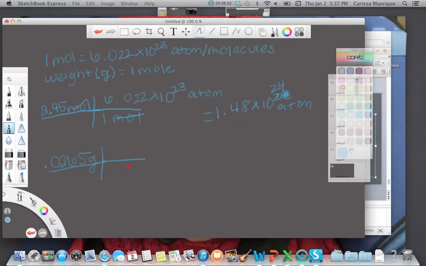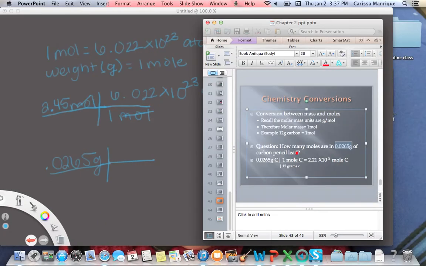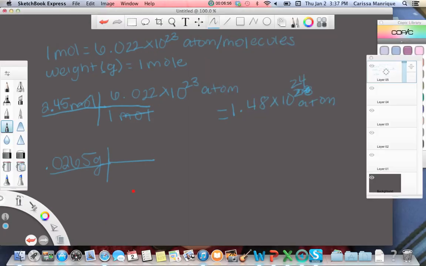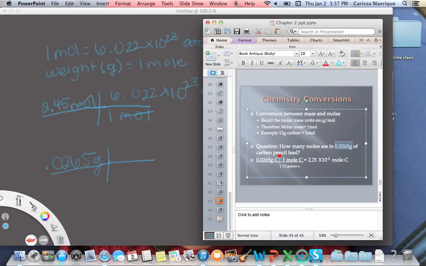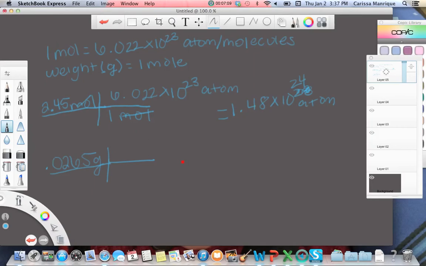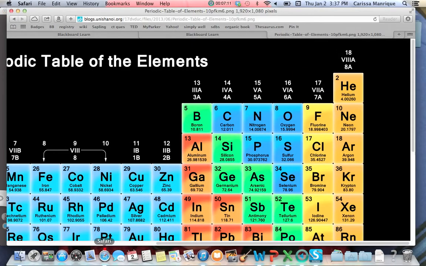Let's see. How many moles? Yes. So look, I have a conversion right here that uses a gram and a mole. Okay? So I need to look at the weight. And what am I looking at? Carbon. Okay? So let's look up how much carbon weighs.